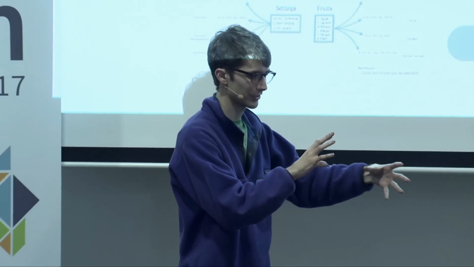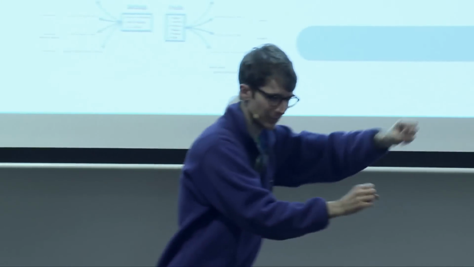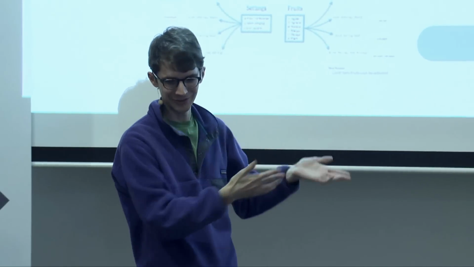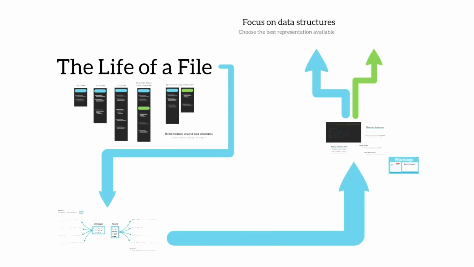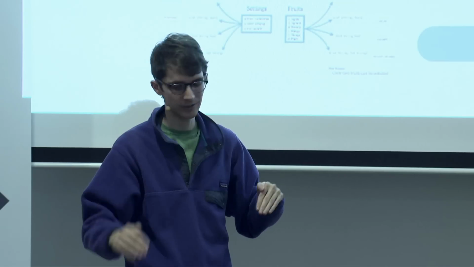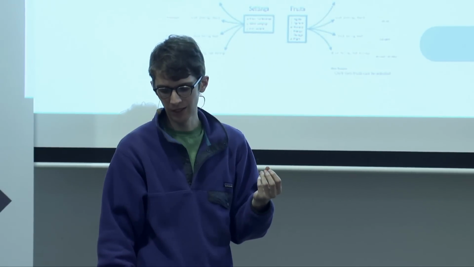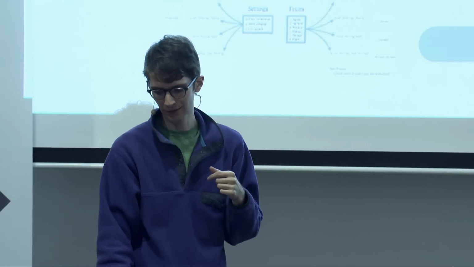As opposed to, well, there's this update subdirectory, and all the update code is there, and the book stuff is in it. So yeah, big lessons are focus on data structures and choose the best representation available. So actually think through as many cases as you can. And the other is build modules around types and try to expose as little as possible, but no less.